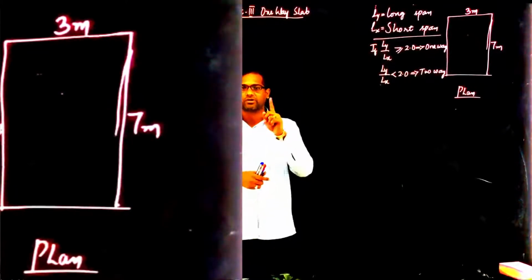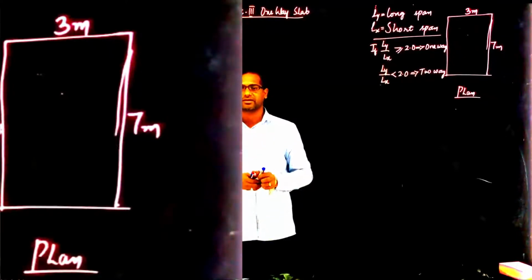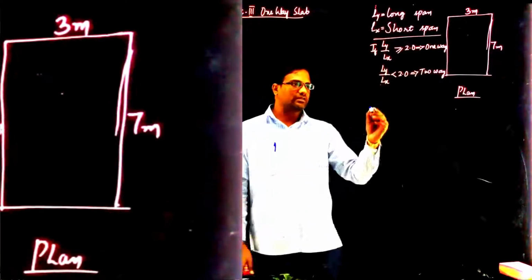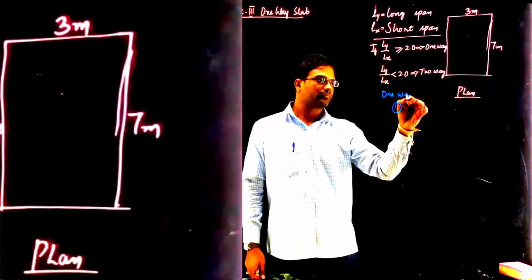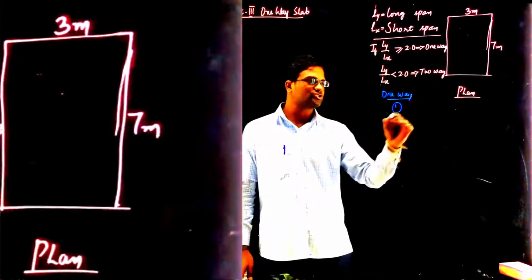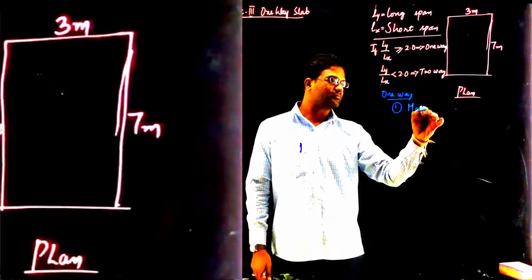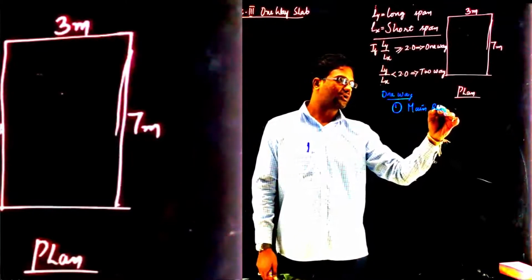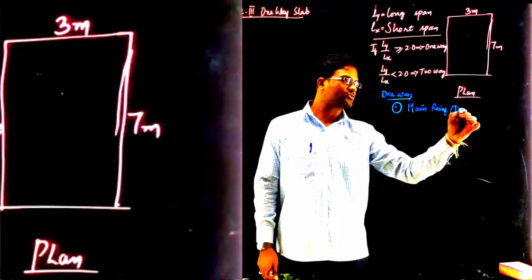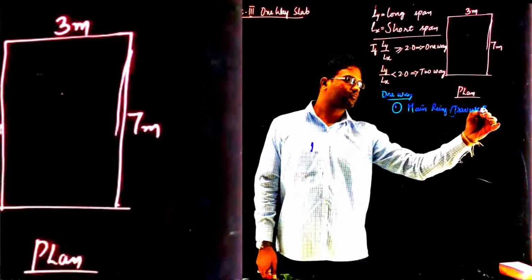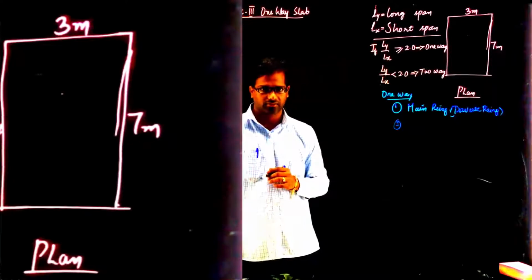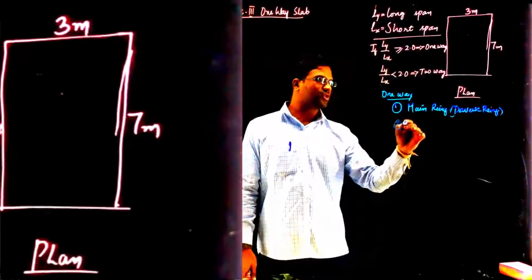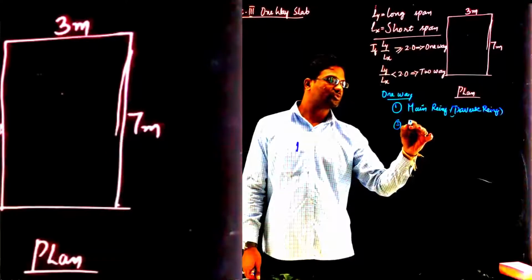As I said, for a one-way slab the reinforcement is provided in only one direction, and that is called the main reinforcement. In the other direction, the reinforcement provided is called distribution reinforcement.